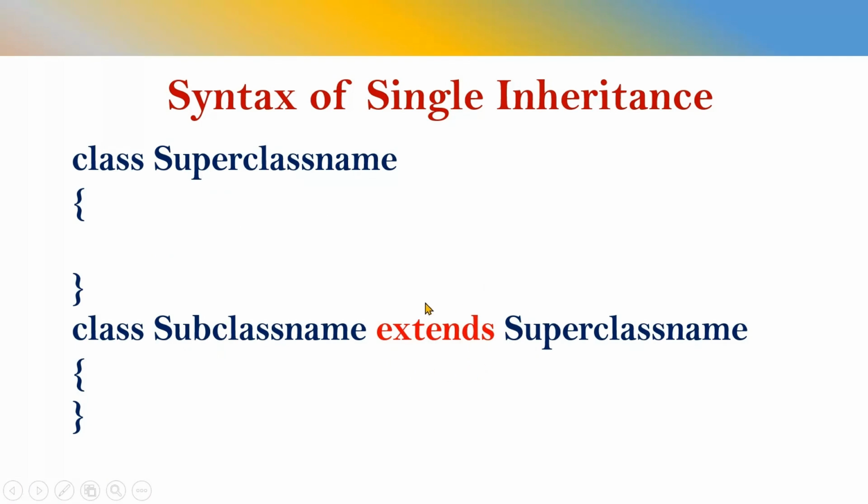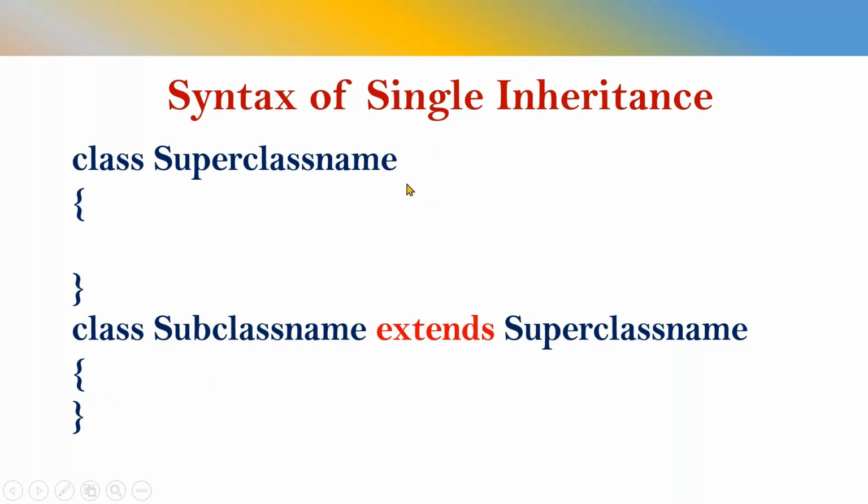The extends keyword is used for inheritance. So first you write the subclass name, then the extends keyword, then the superclass name. Here the superclass name needs to be the same. Then you can write additional instance variables and additional methods in the subclass. This is the syntax of how you write it in a program.